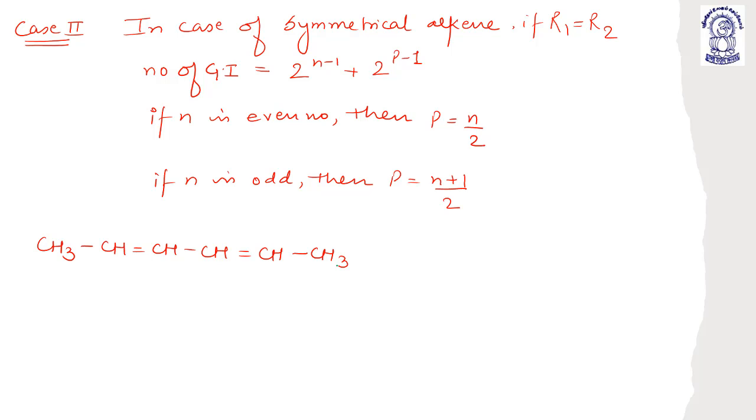Now, the number of double bonds which are showing the geometrical isomerism. I'll change the example, it's better.